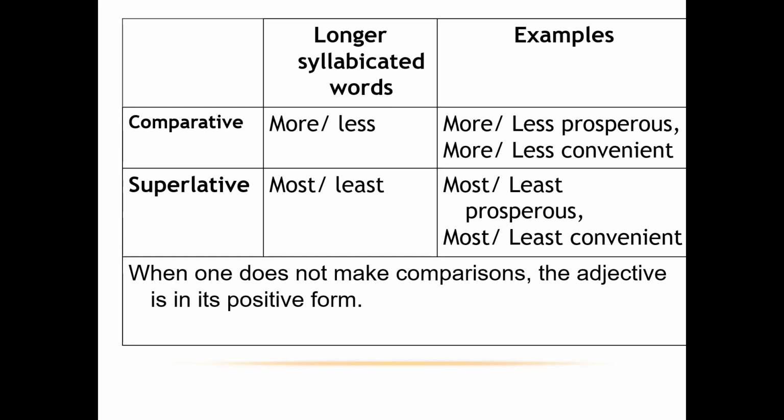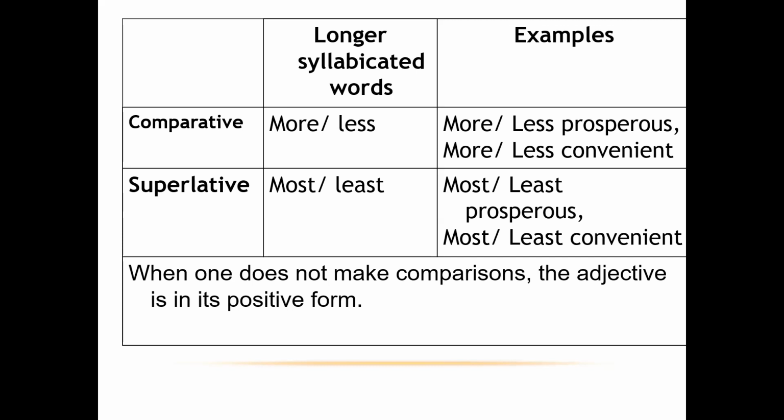Superlative. Most prosperous, least convenient, meaning the Browns are the most prosperous families. The Browns are the most prosperous families in the whole neighborhood. Okay? Meaning, sa lahat ng nakatira sa subdivision na yon, ang mga Browns ang pinaka mayaman.